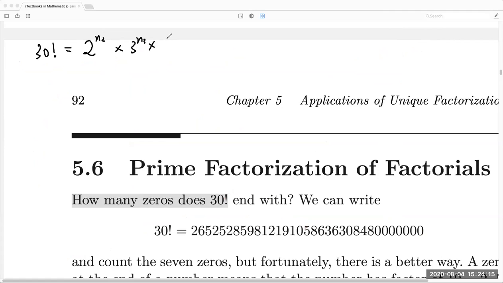So let's see how we can find the number of n2 in this question. How will you do it? So you try to do it.